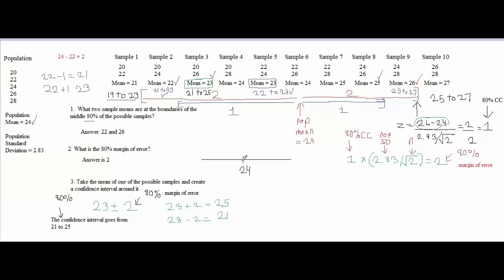Our possible samples go from 21 up to 27, so this number line will have to go from 21 to 27.